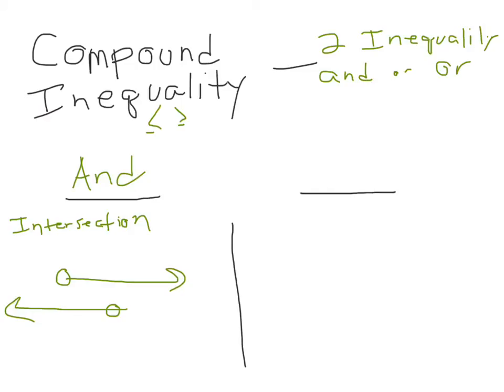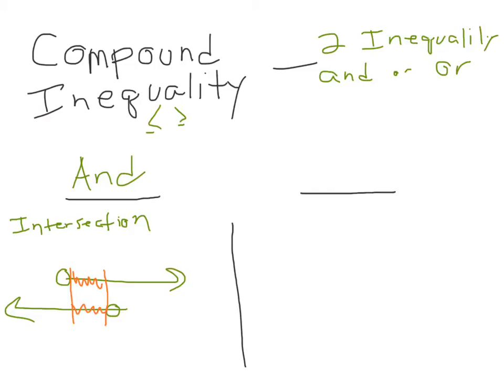Now, some of the values that are highlighted on these two number lines, these two arrows that we've drawn, we're going to do this as part of our solutions, some of these values show up on both. So you could see that the answer to an and inequality would be this section right here, the part that overlaps.